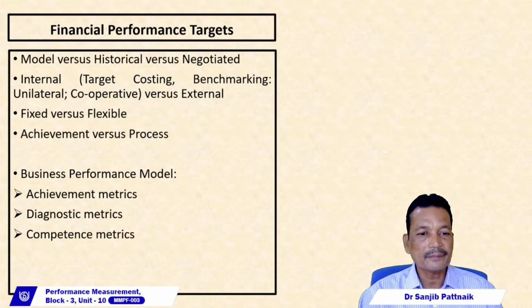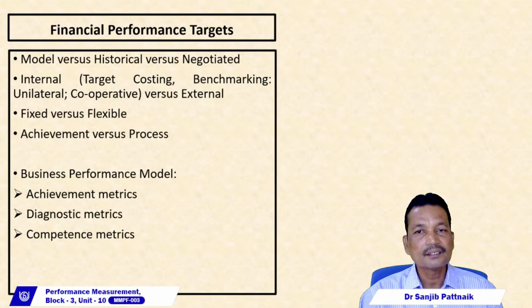Finally, we have competence metrics. We know that most of the organizations which have been successful have a certain core competence. That means their expertise lies in a certain sphere, like engines built by Honda.